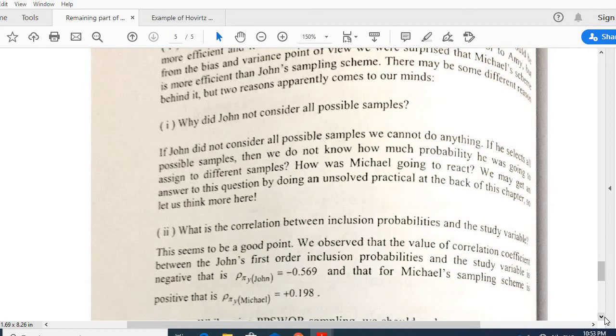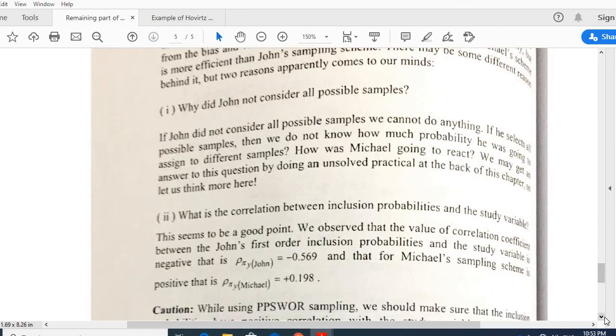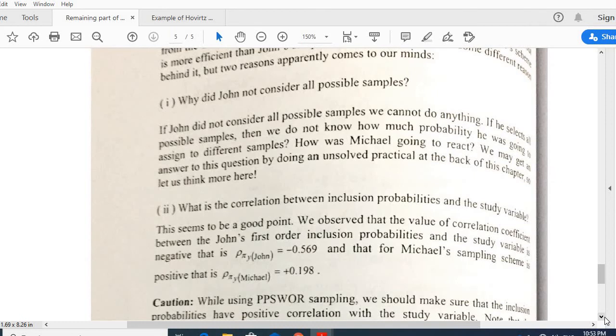We see that the correlation between inclusion probabilities and the study variable is rho pi y John equal to minus 0.569 and rho pi y Michael equal to 0.19.